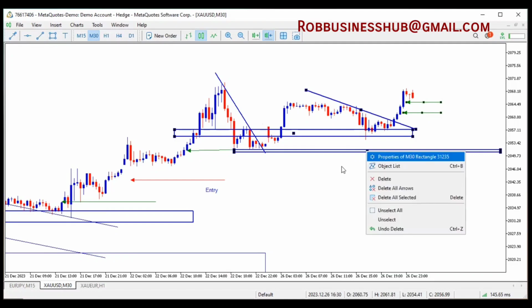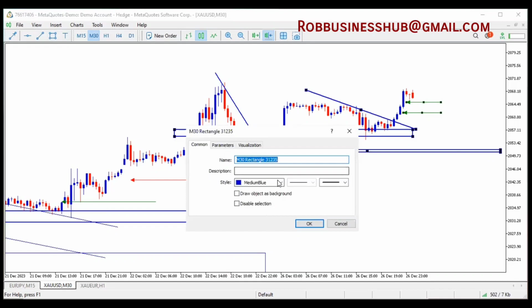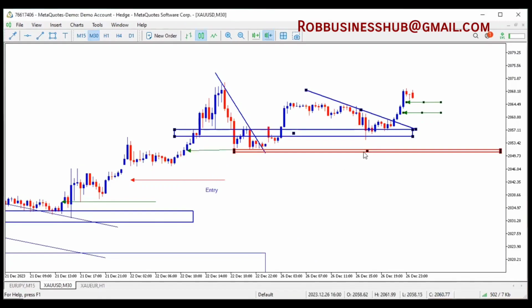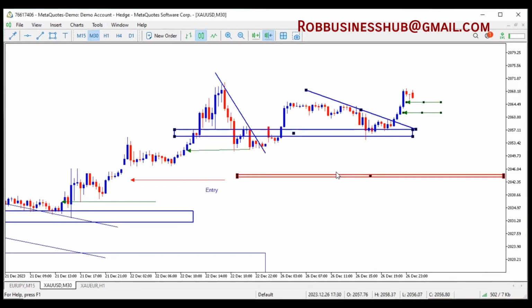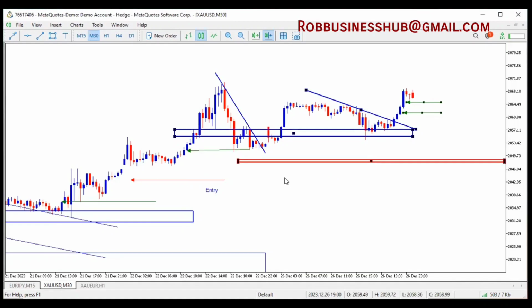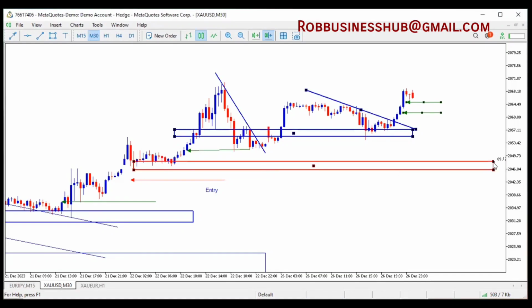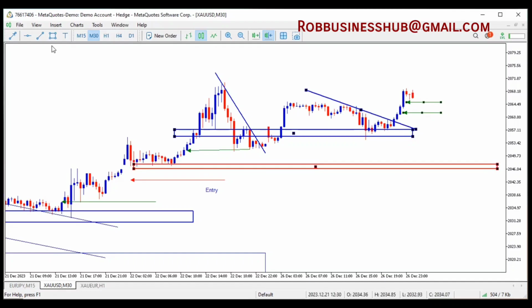And if you want to have a wider stop, then you have to reduce your lot size. Some traders will put their stops somewhere around this level. Others will put their stop around this level.